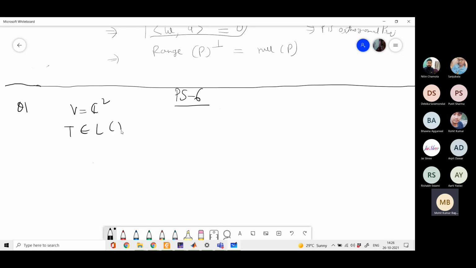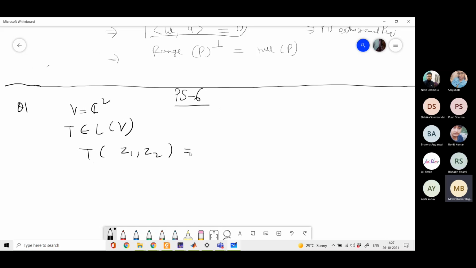T is a linear operator, and define T of z1 and z2 by z1 plus i z2, minus 2 z1 plus z2. And you have to find this T star, that is basically the adjoint of the linear operator.